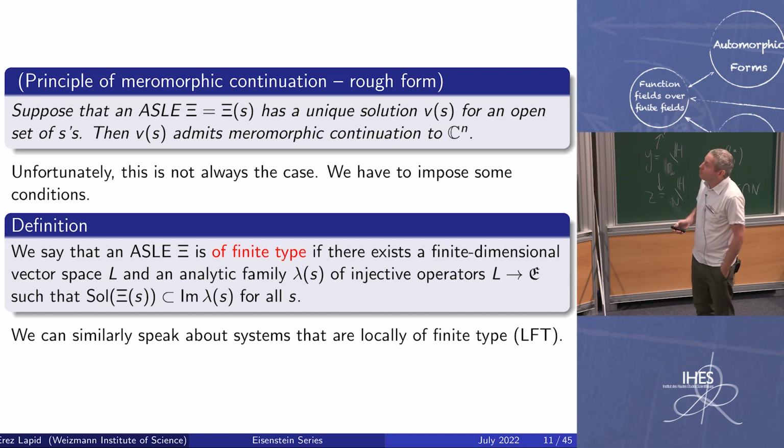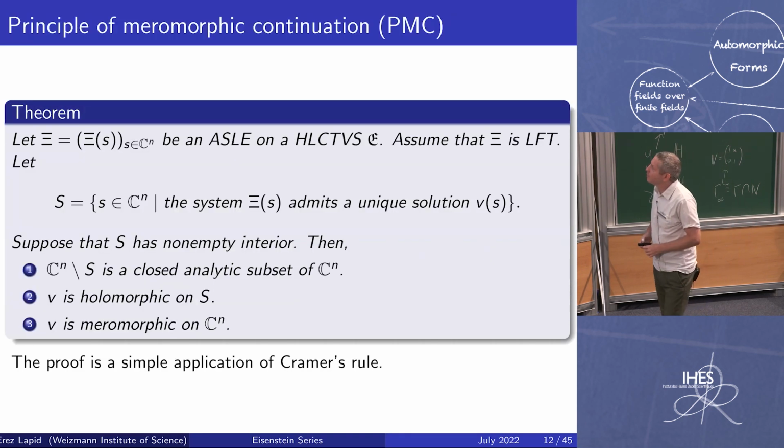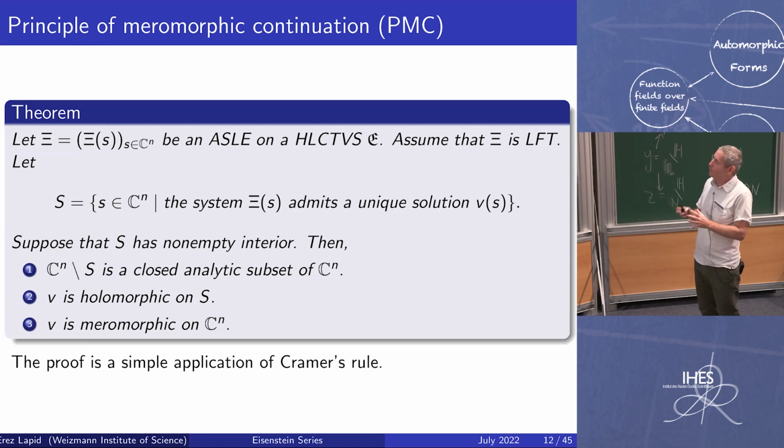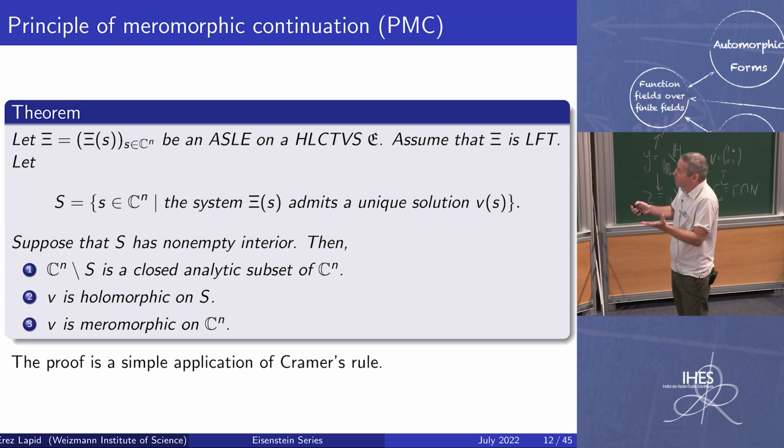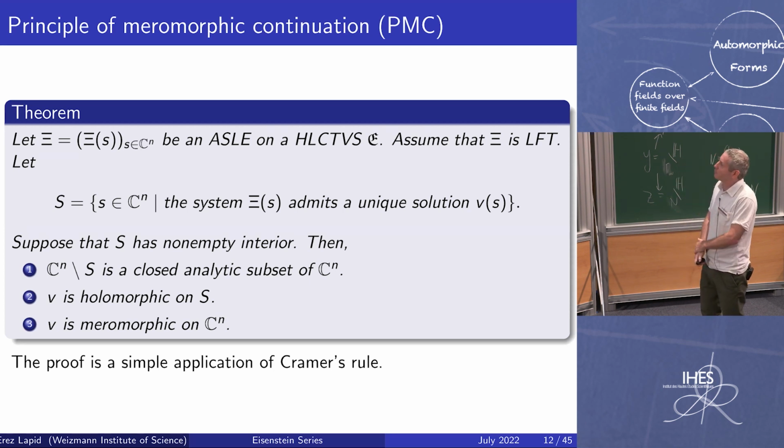And so the basic theorem, which is very easy to prove in fact, is that if you have an analytic system of linear equations on a topological vector space, which is locally of finite type, and the set S, where the system has a unique solution, let's call it Vs, has a non-empty interior, just in the usual topology, then this set is in fact open, and the complement is a closed analytic set.